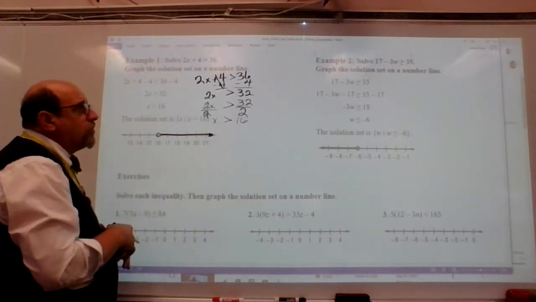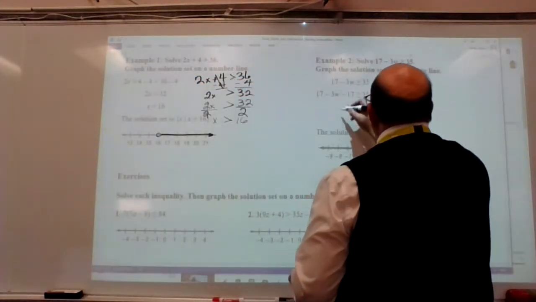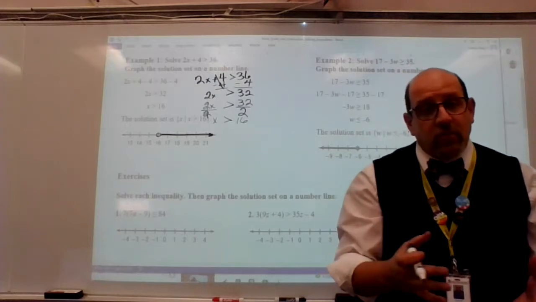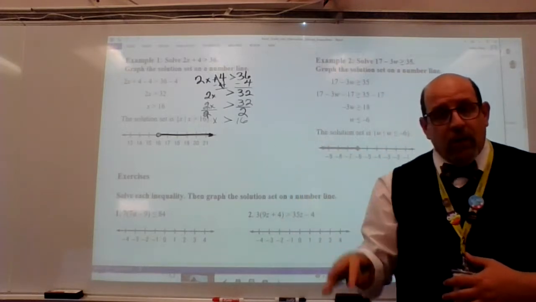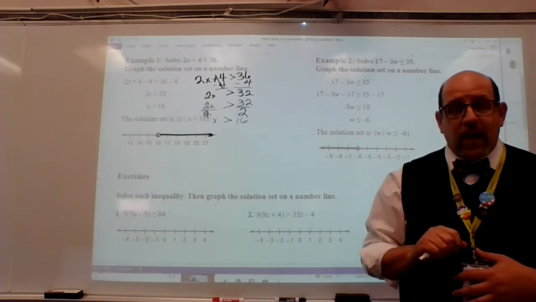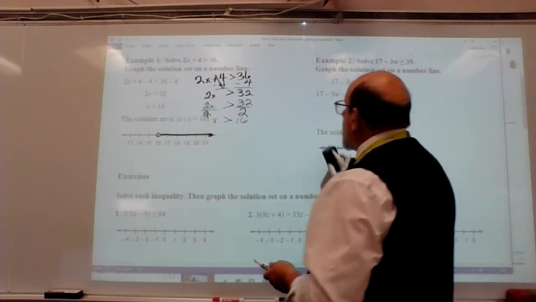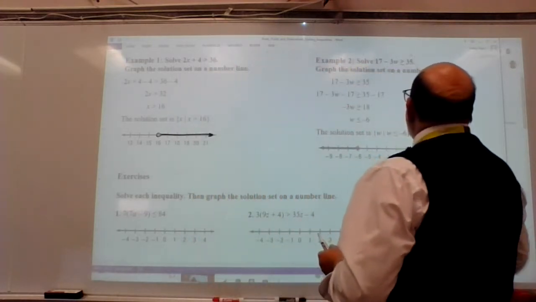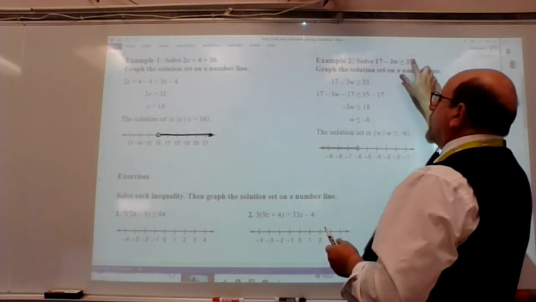I'm going to move over here because this actually does have our one exception to the rule of just doing the math and bringing our inequality symbol down. So I'm going to erase this to get it out of our way because I'm going to write in that space there. This is 17 minus 3w is greater than or equal to 35.